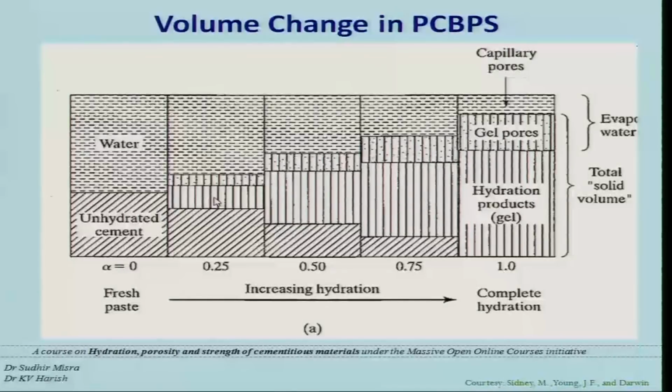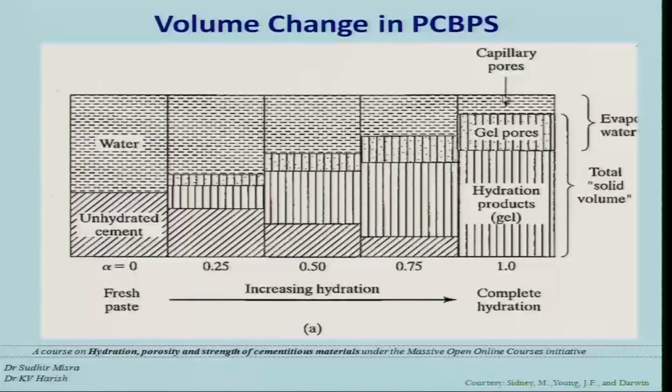In parallel you will see hydration products slowly increasing, and the water that you had initially starts hydrating and forming hydration products, so the capillary pore water slowly decreases. In addition, the hydration products have gels, and you also have gel pores in the hydration products, so the gel pores also start increasing slowly.